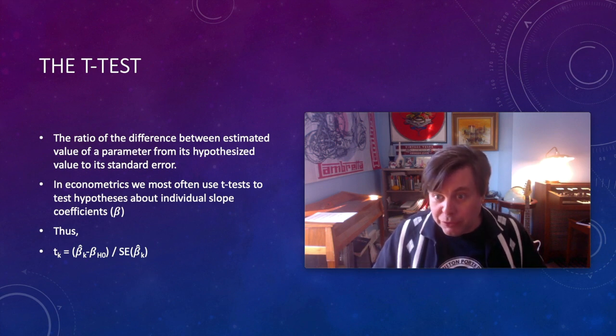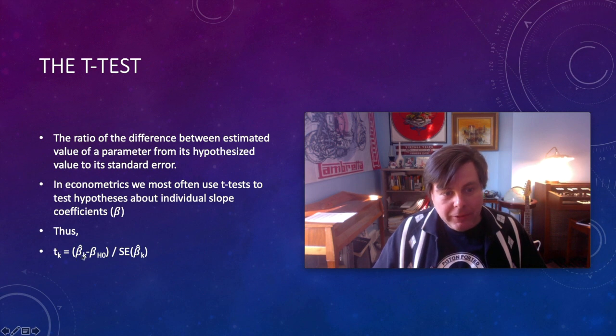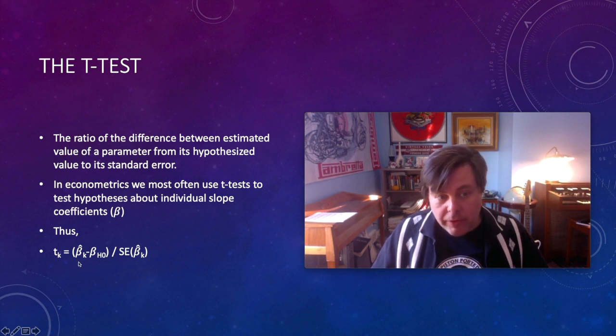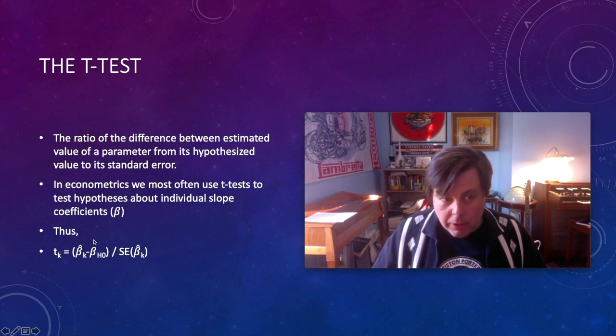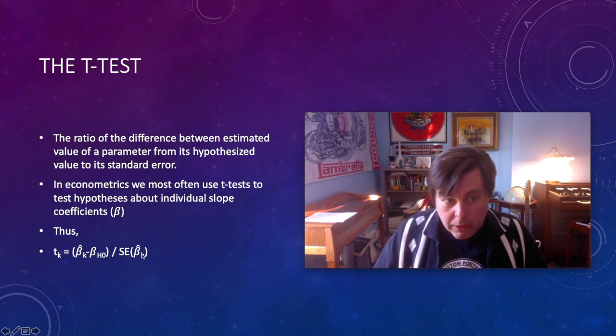So using the mouse, if you'll excuse me for a minute. Here, the estimated value of a given parameter, beta hat, the value of beta associated with the null hypothesis, H0, that difference over the standard error, SE, associated with the estimated value of this coefficient, K. Okay.